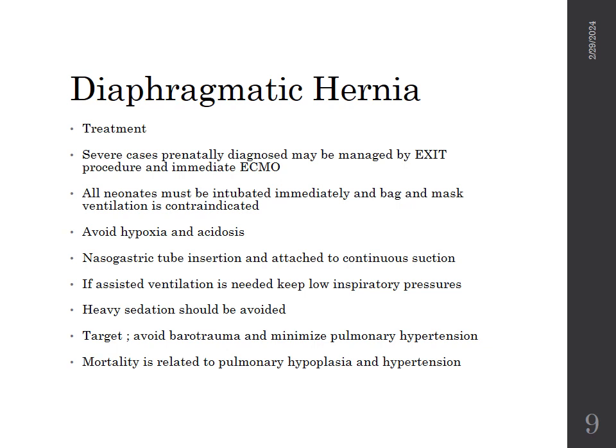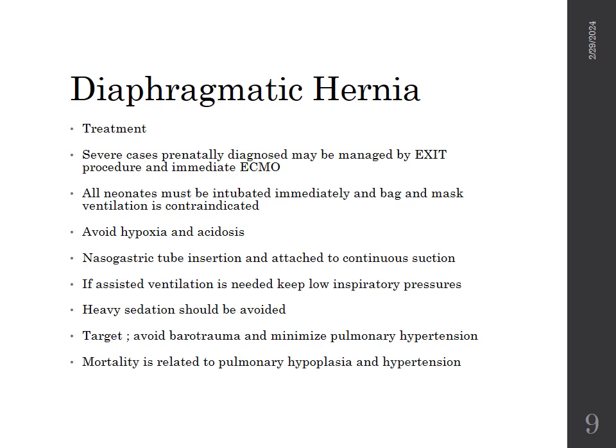As we said, I'll just revise this with you again. We have a better prognosis if herniation of the bowel into the chest occurs after the second trimester. Maybe this point I hadn't said, but we have a better prognosis if the herniation of the bowel into the chest occurs after the second trimester. We mentioned before, absence of liver herniation has a better prognosis.